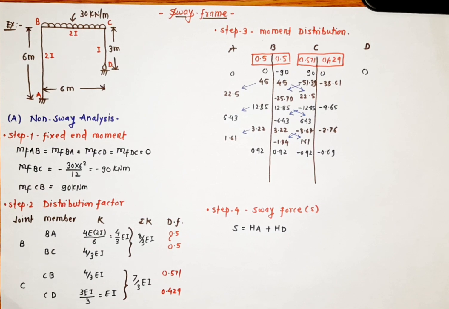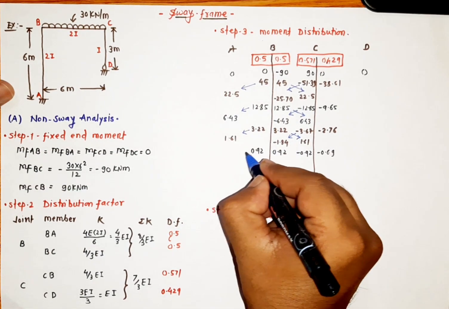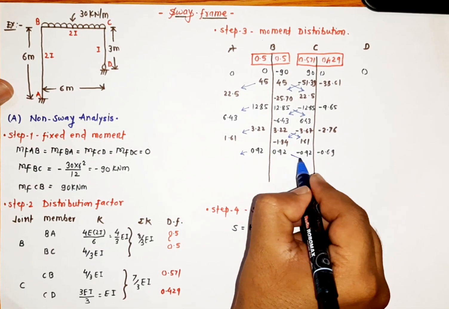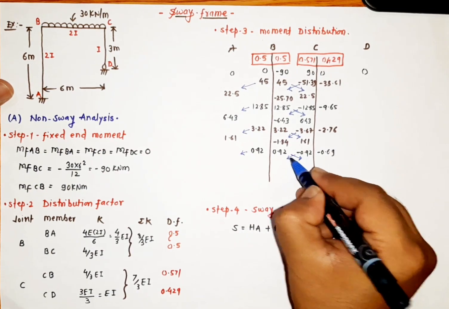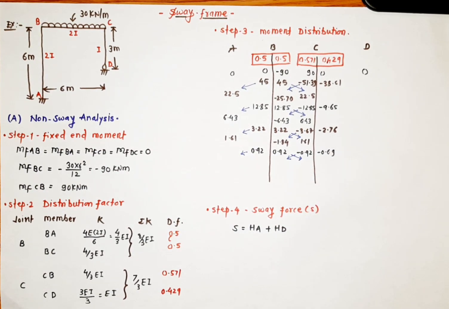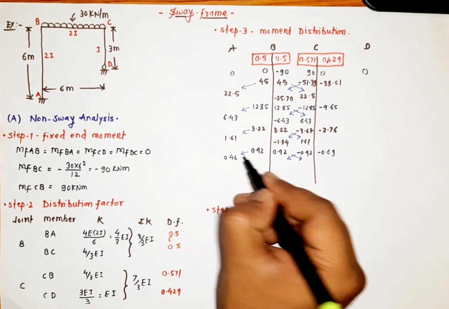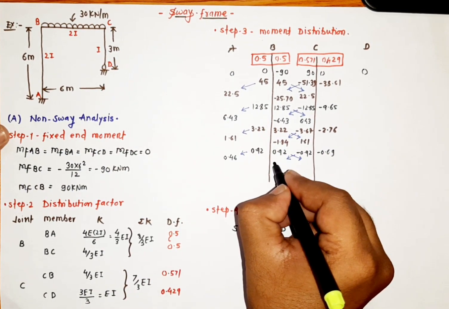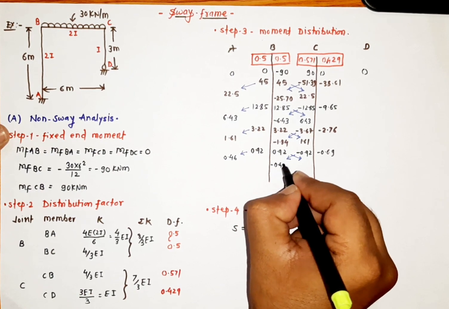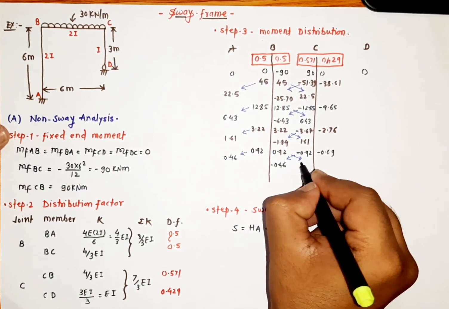Now we have to transfer a half to the fixed end, from B to the A, from B to the C, from C to the B. So ultimately we will get an answer as 0.46. This will be minus 0.46. This will be 0.46.